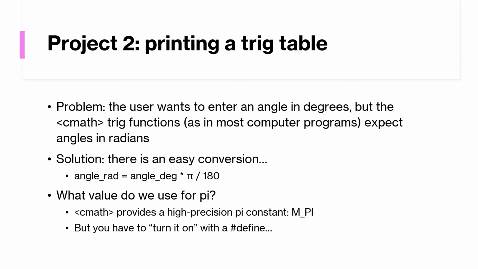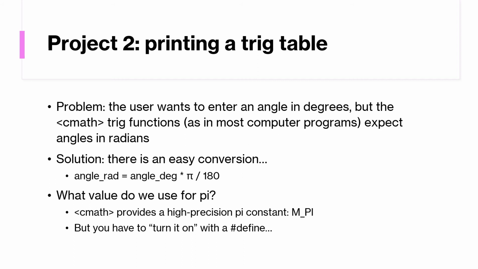Maybe it is, maybe it isn't, but CMath provides a high precision pi constant with a dozen or more digits called M, capital M underscore capital PI. Stands for math pi. But math pi, for reasons that I have never figured out, is turned off by default, in case the average person wants to define their own pi, I guess.